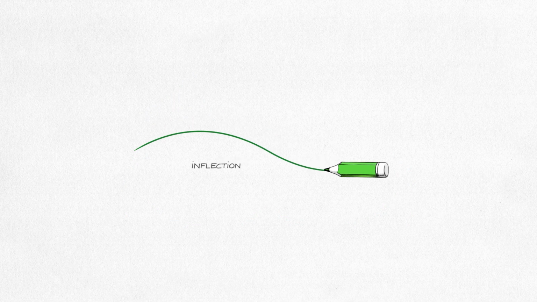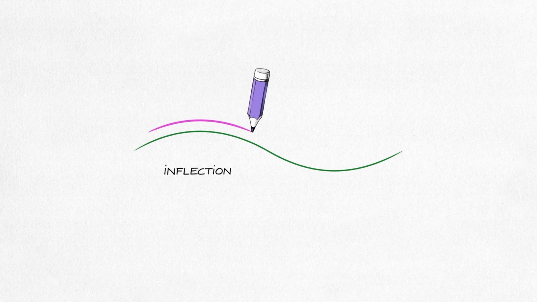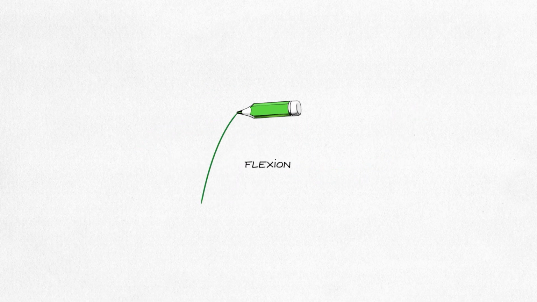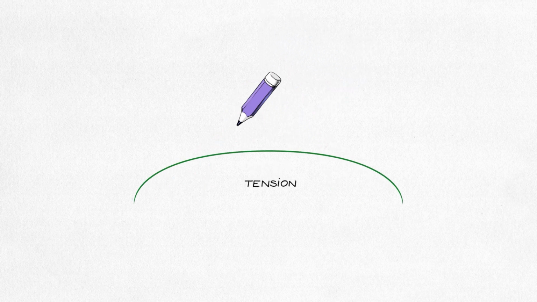A few clarifications. An inflection is the moment when a curve changes concavity, when it stops bending one way to bend the other. Inflection is not to be confused with simple flexion, the moment a curve deepens, nor with tension, when it flattens.